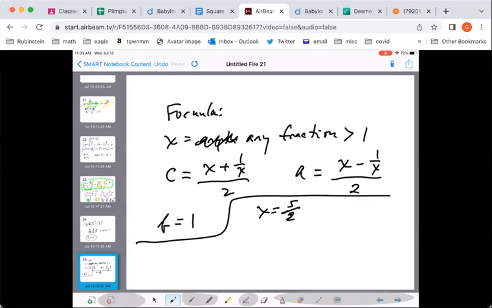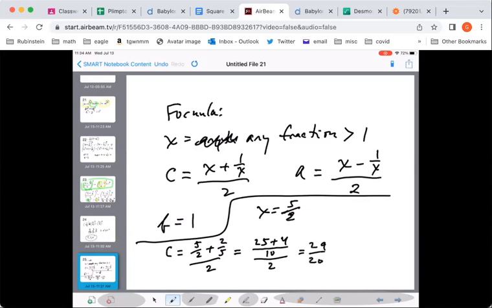According to this formula, C is 5/2 plus, instead of doing 1 over 5/2, I'm just going to say 2/5, over 2, which turns into 25 plus, the common denominator is 10, 25 plus 4 over 10 over 2, which becomes 29 over 20.